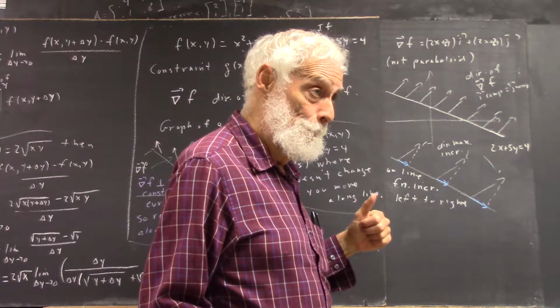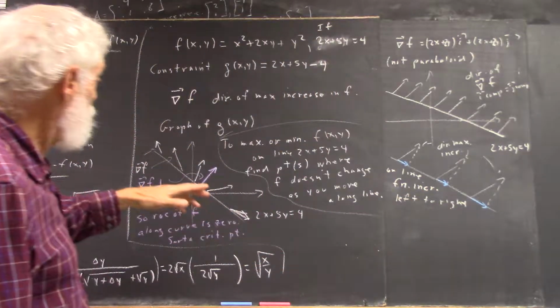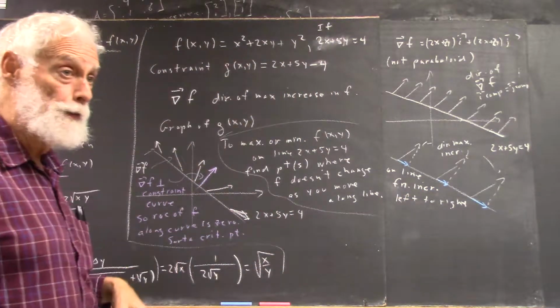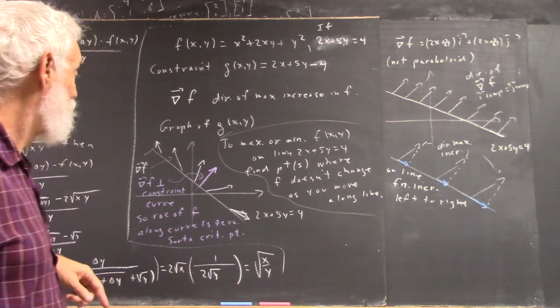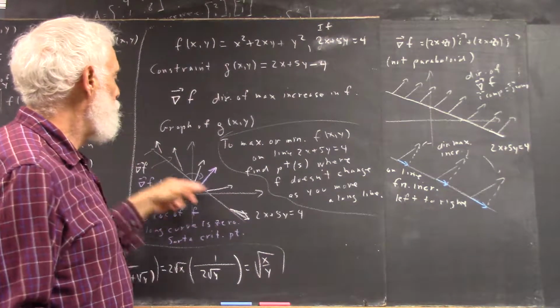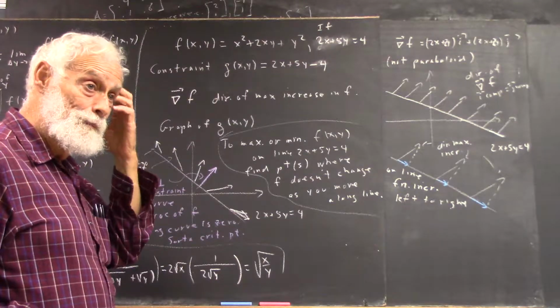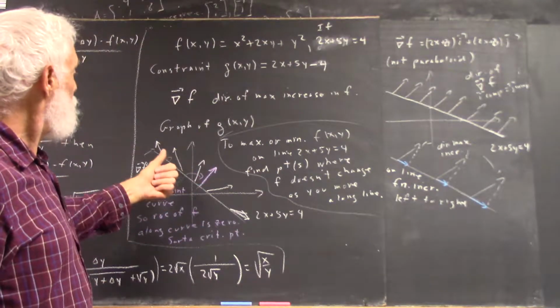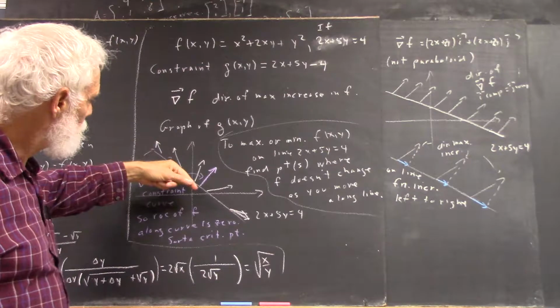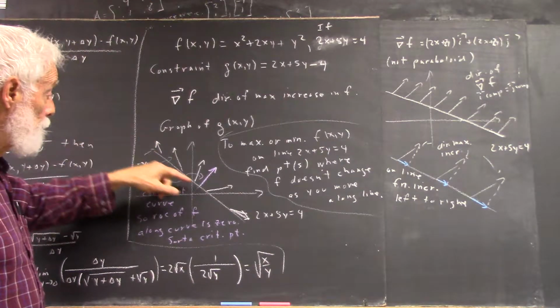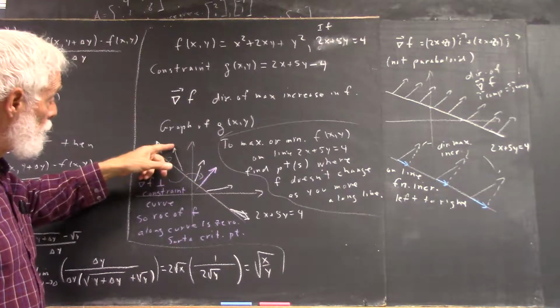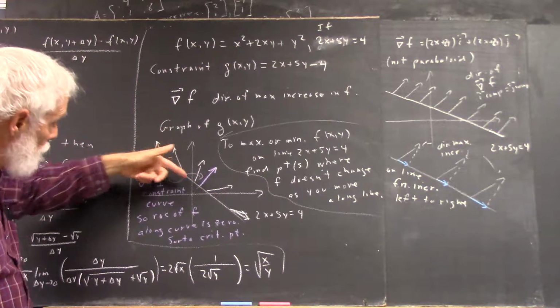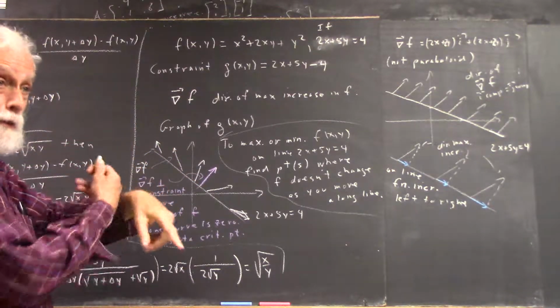Now, if the function actually looked like this, and it will in a minute when I erase that 2xy, if the gradients actually did this, then you would have places where, as you move in this direction, the function is decreasing up to here. Because the component of your gradient in the direction of motion is opposite to your direction of motion.